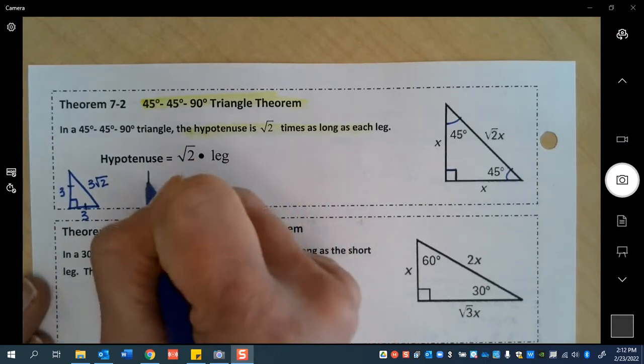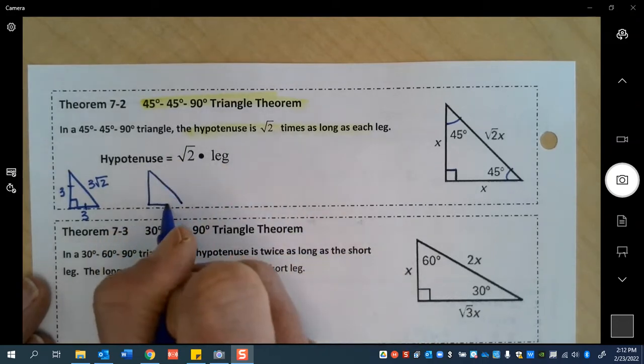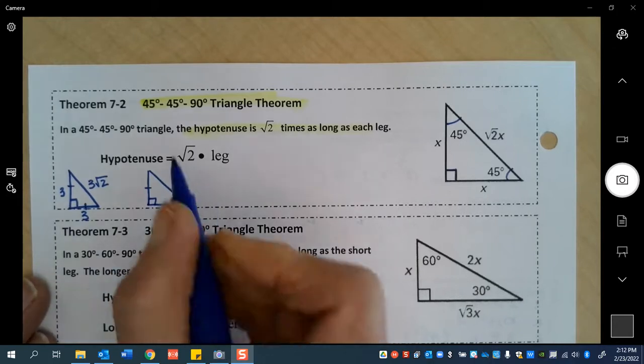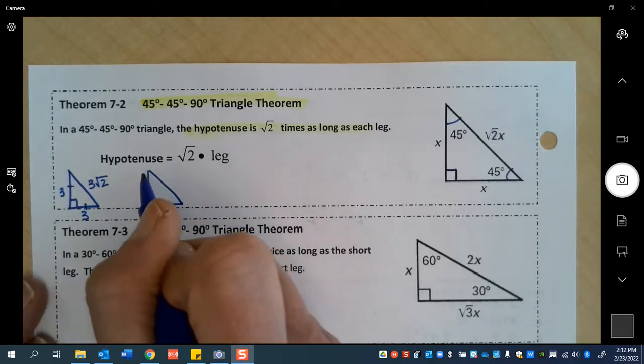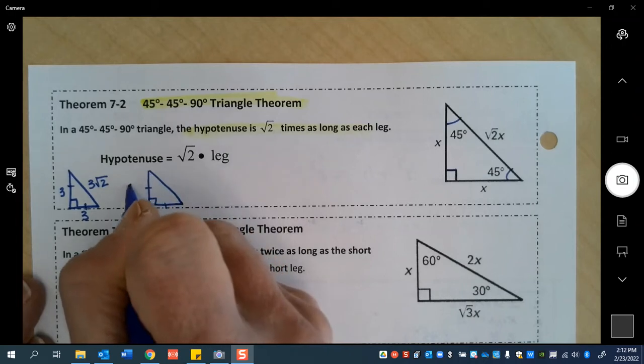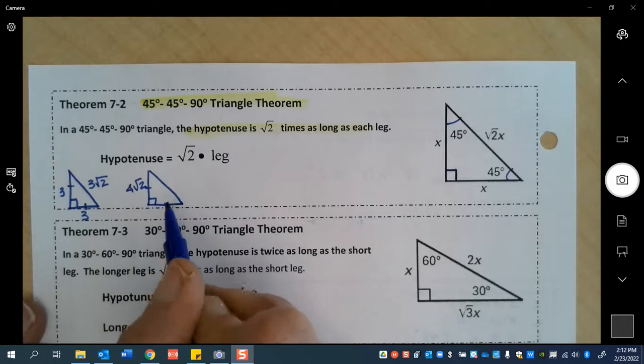Let's try it again. If I have a 45, 45, 90 right triangle, and I have a side length that is 4 roots of 2, what is my other side length?